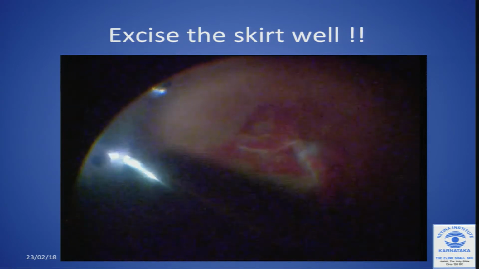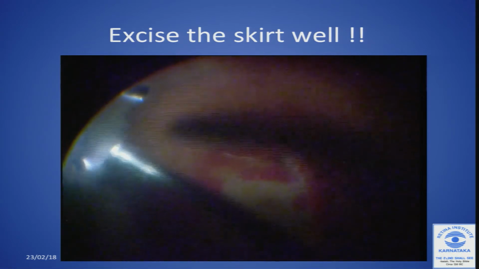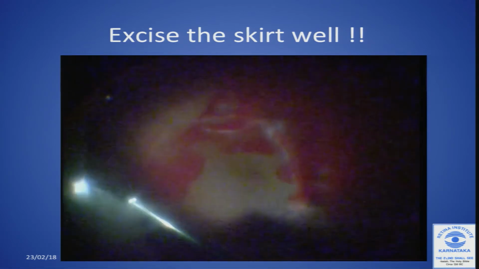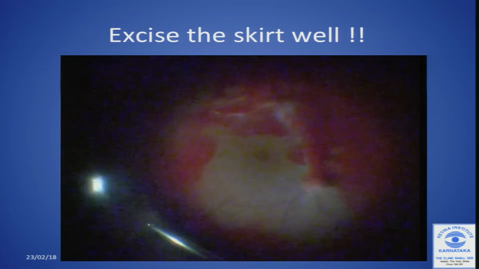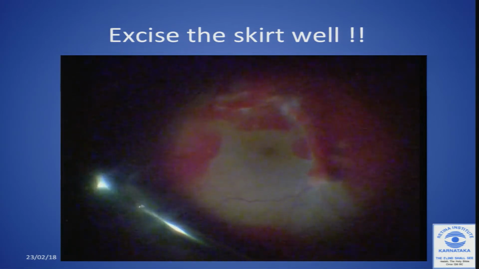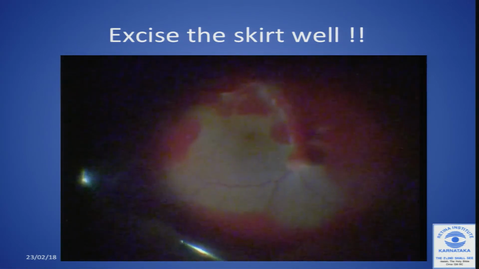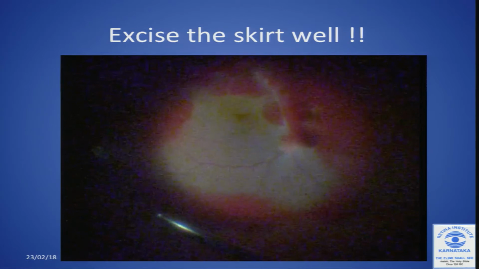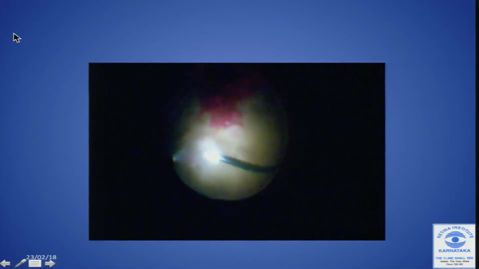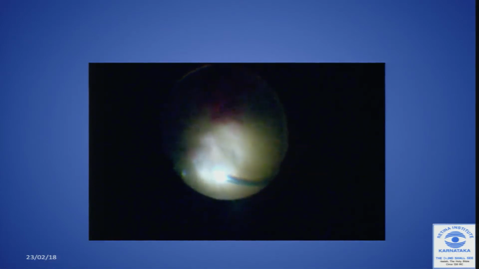And that can happen even during surgery. So I make sure that I really excise this blood-stained gel as much as possible. So this is an important step. Even when there is no traction detachment, no detachment, no proliferation posteriorly, in every case of an intragel hemorrhage, make sure that you have removed that blood-stained vitreous gel.